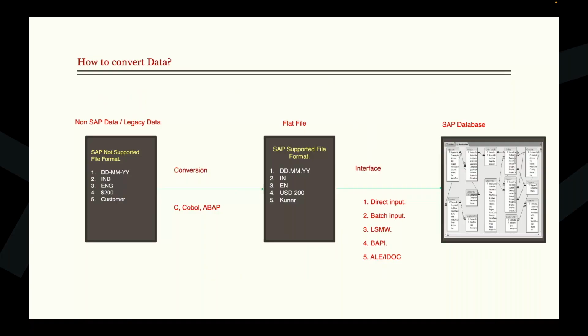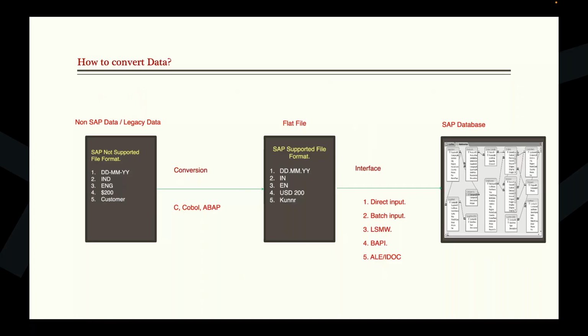Okay, for now just understand, we have non-SAP format data that we need to move to the SAP database. So the conversion team will convert it and then place that data in a file which is SAP understandable. Now this information as a buffer you need to upload to the SAP HANA database. Then you are going to use SAP-provided technologies to upload this data to SAP database tables.